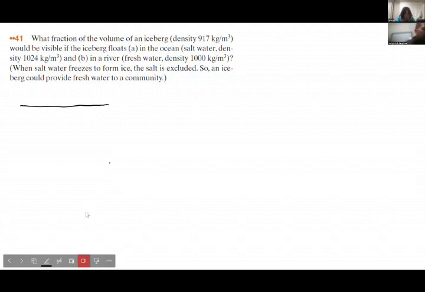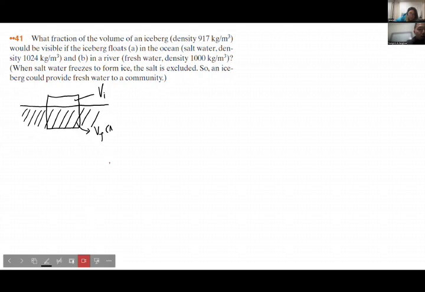So now you have the ambient water around the iceberg. So you have the iceberg submerged into this water. The total volume of the iceberg could be VI, and the part submerged into this water could be VF.